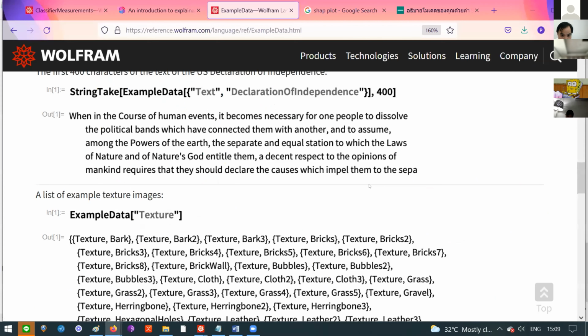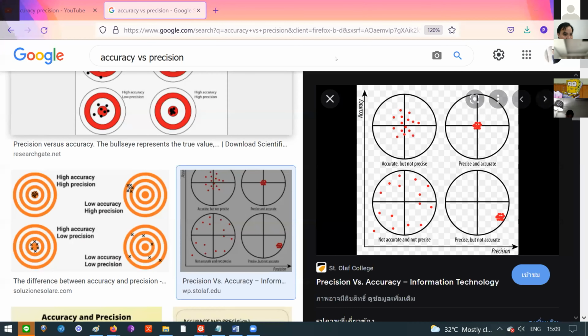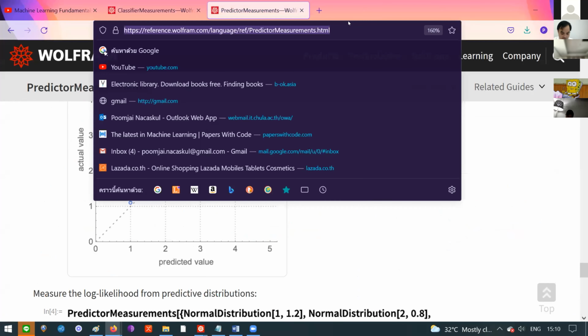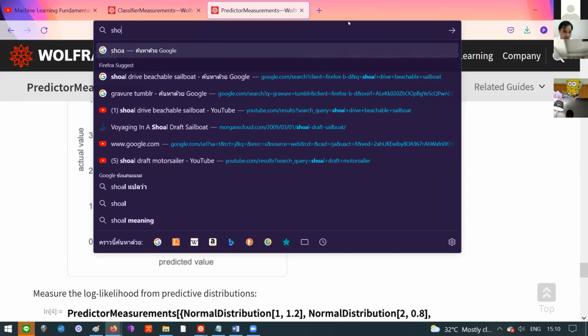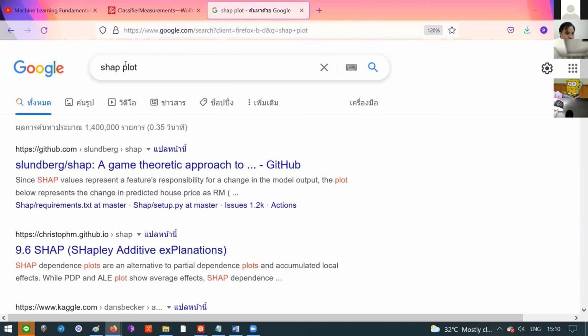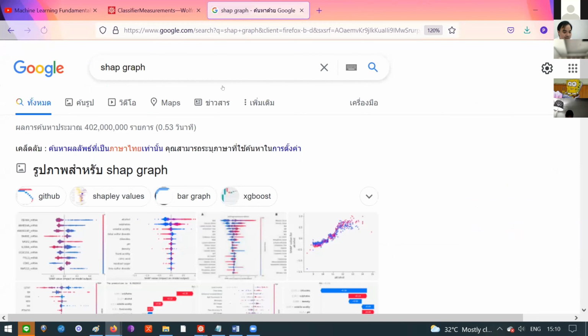plot. SHAP plot or SHAP graph, I'm not quite sure, I forget. I think it's SHAP plot. SHAP plot has 1 million hits. SHAP graph has 4 million.